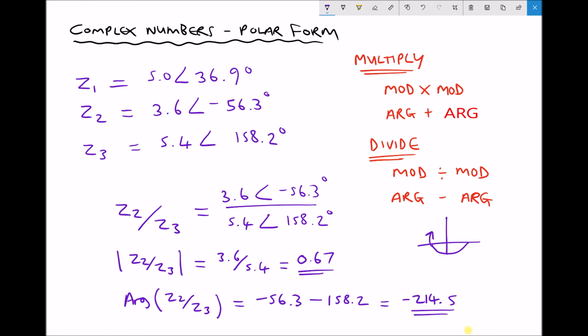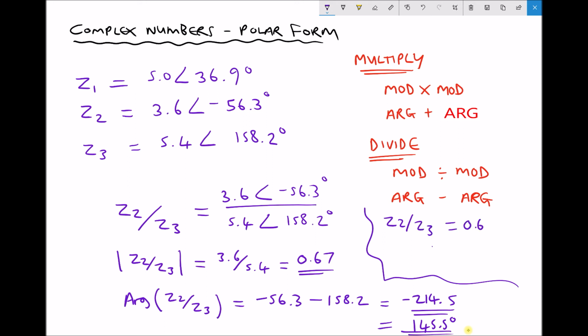To express that as a positive, all we need to do is 360 minus the 214.5, and that will give us this angle here. So minus 214.5 is just the same as saying 145.5. So we can write Z2 divided by Z3 equals 0.67 at an angle of 145.5 degrees.